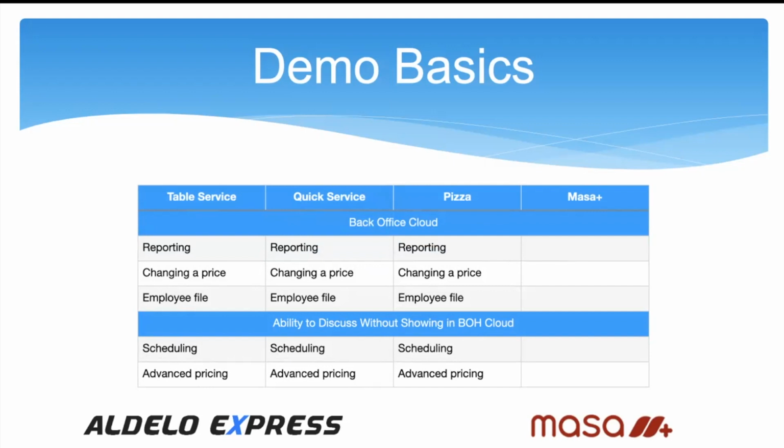And you can even show it on a phone, whereas some of our competition will actually have a phone app that they charge for. What we did instead is that you can go to the back office on your phone or mobile device, and our software on the cloud will reformat to that type of screen, whatever screen that is.